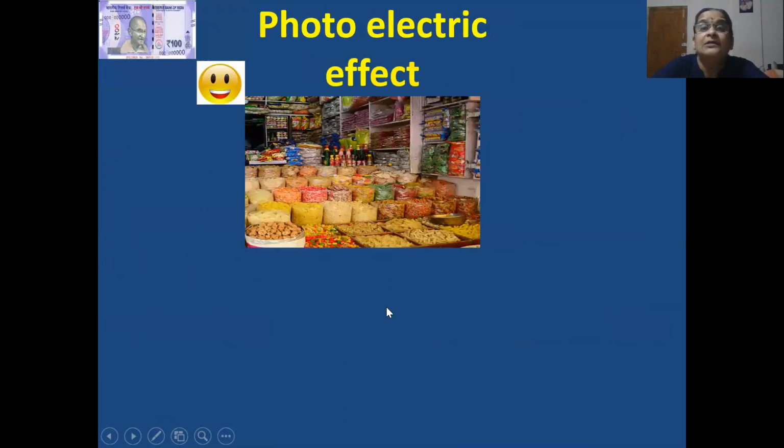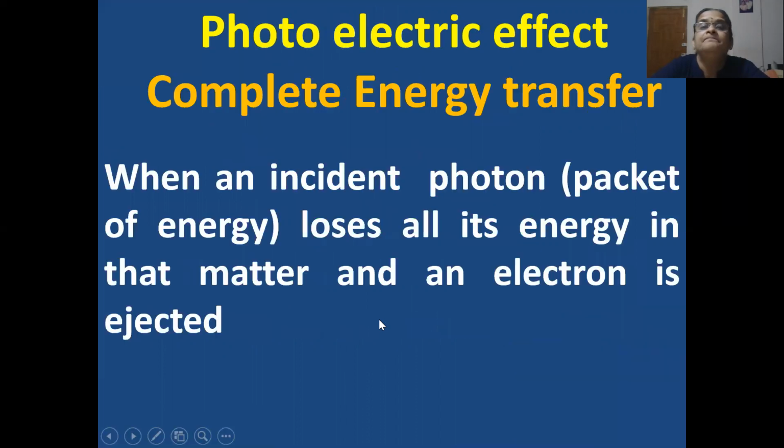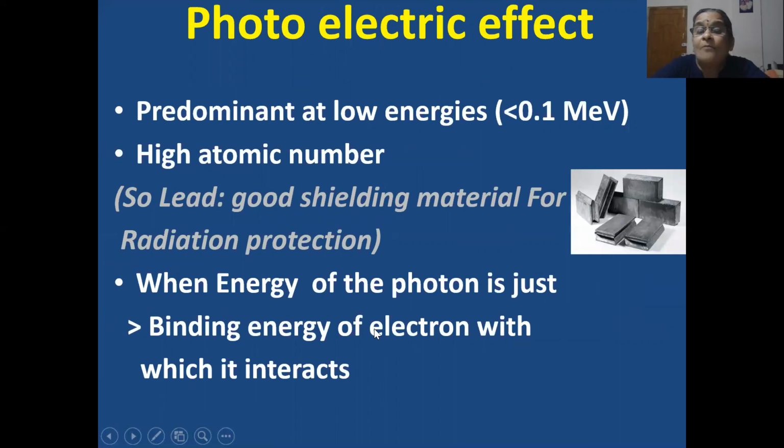Now, what is the photoelectric effect? It is a complete energy transfer when an incident photon packet of energy loses all its energy in that matter and an electron is ejected. It is predominant at low energies, less than 100 keV or 0.1 MeV, and is more in high atomic number matter or absorbers.